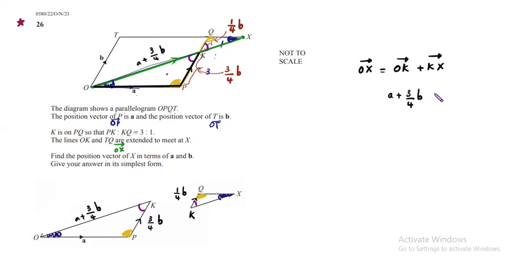Now I need to find what KX is. For that, we need to make use of similar shapes. If I consider the side OP, this side is the side connected to the angles in blue and yellow, and it matches with the side QX.